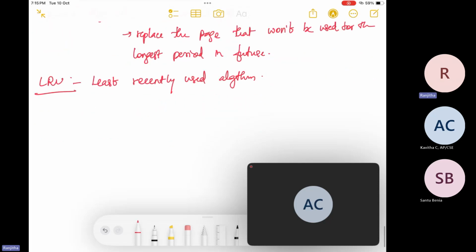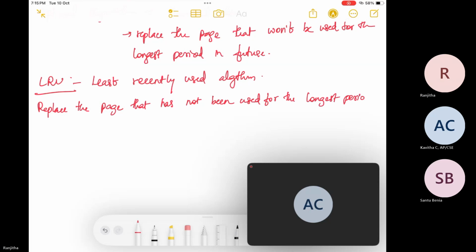In LRU, it will replace the page that was used long back in the past. Since we can keep track of the past, it's easier to implement this algorithm. So LRU replaces the page that has not been used for the longest period. That is how LRU works.